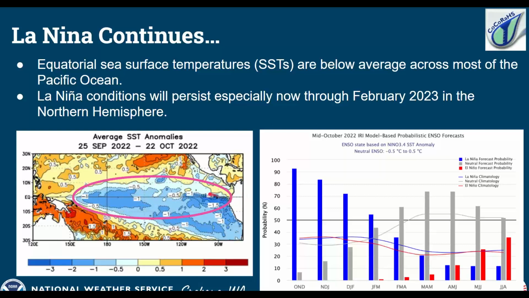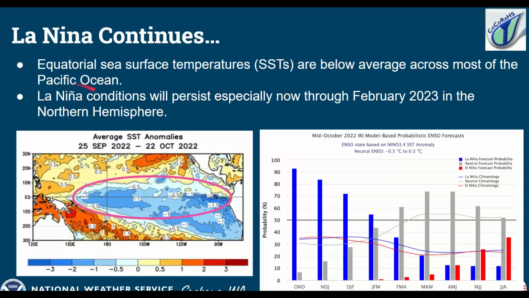Here's South America over here, and here's Indonesia. And we have a big swath of cooler than normal ocean temperatures. And we know that the ocean temperatures do have a lot to do with our atmospheric pattern. And what that tends to do is bring us more of an unsettled pattern into the Pacific Northwest.